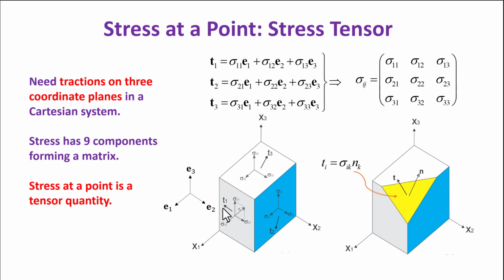Since each traction is a vector, it has three Cartesian components. So three tractions will have a total of 9 Cartesian components. If we know the stress matrix, we will be able to calculate the stress on any oriented plane.